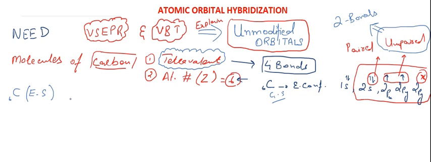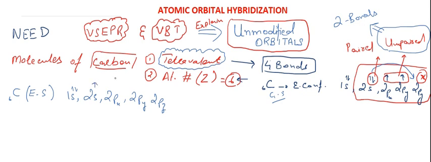an electron can jump from one of its orbitals to a higher orbital, among 2s, 2p x, 2p y, and 2p z. One of the two electrons of 2s can jump from here and get excited and get into the 2p z orbital.